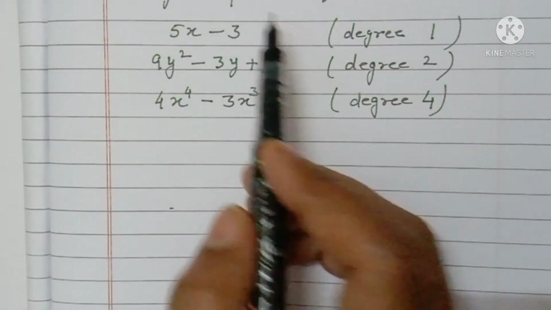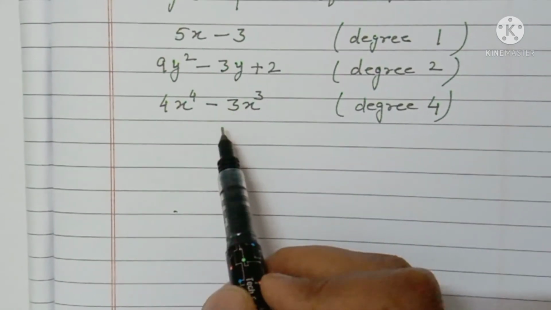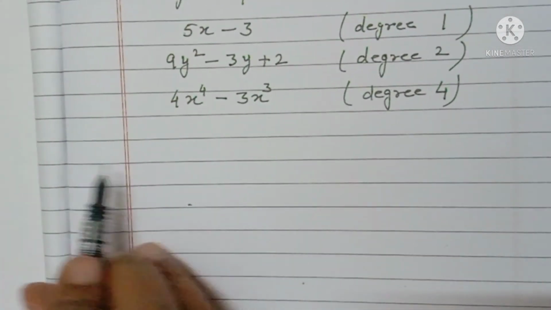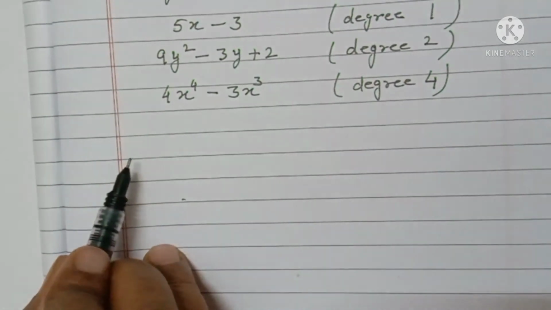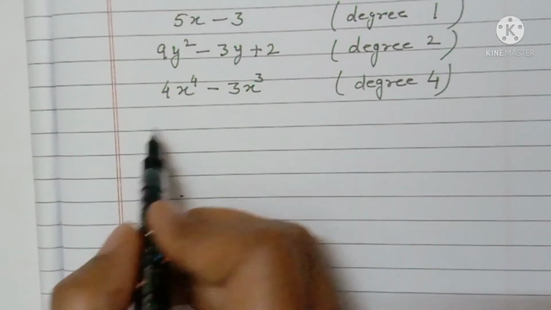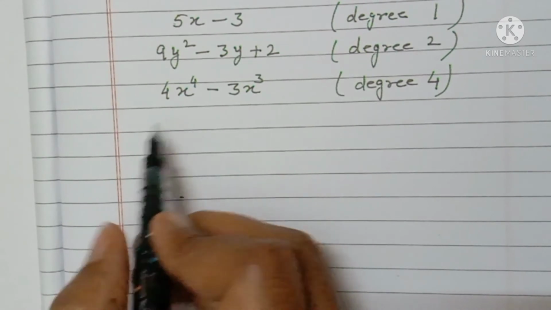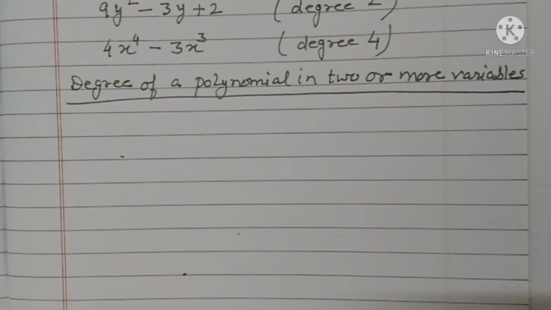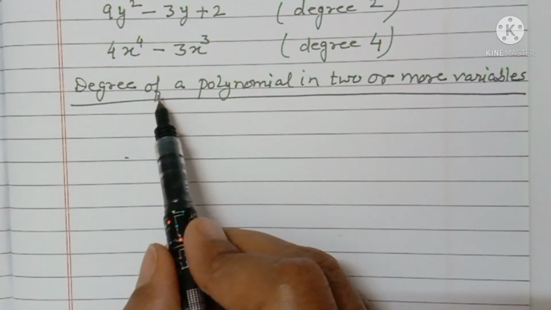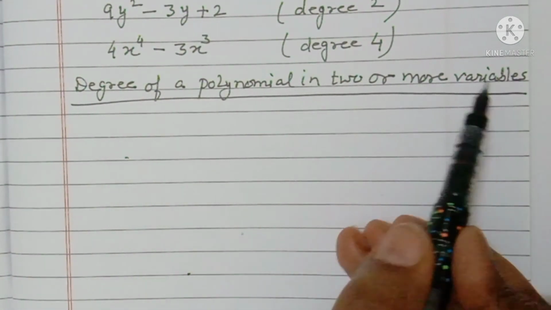Now, this is in one variable. If the polynomial is in more than one variable, how do we find the degree? So we are writing the degree of a polynomial in two or more variables.